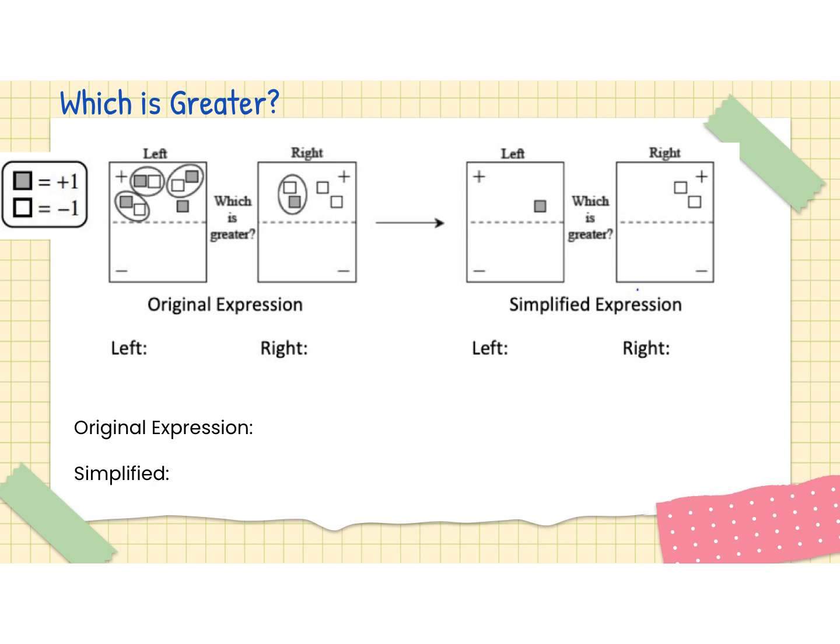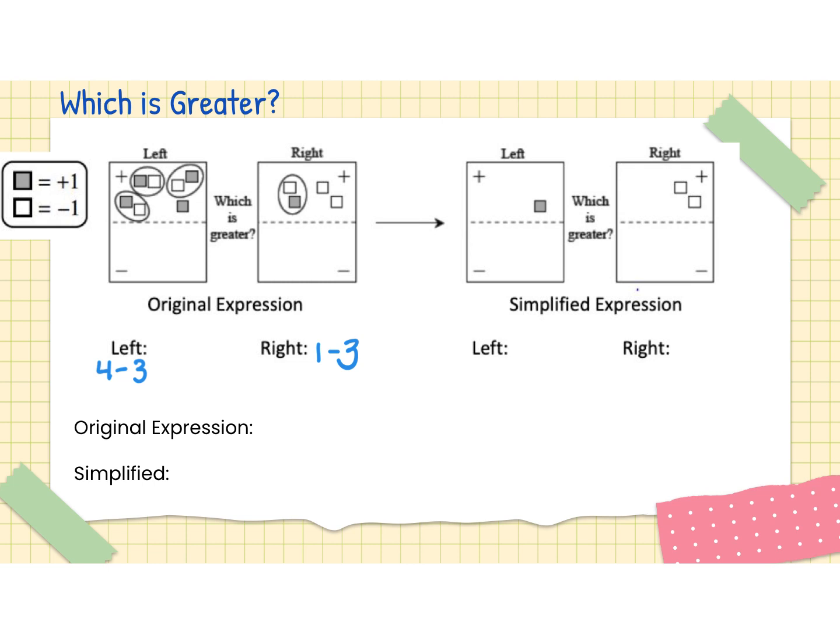If we look at each one of these mats and we try to figure out what is the original expression on the top, you can combine the positive tiles together, which would be 1, 2, 3, 4. So we have 4 minus, let's do it over here, 4 minus, and then what do we have? We have 3. And then on the right side, we end up with 1 minus 3. So what we want to do is simplify our mats in order to determine which one is greater.